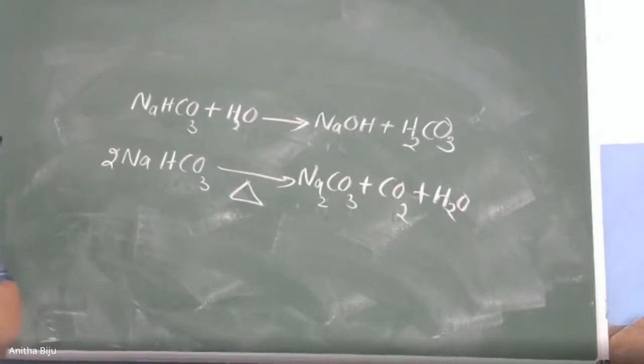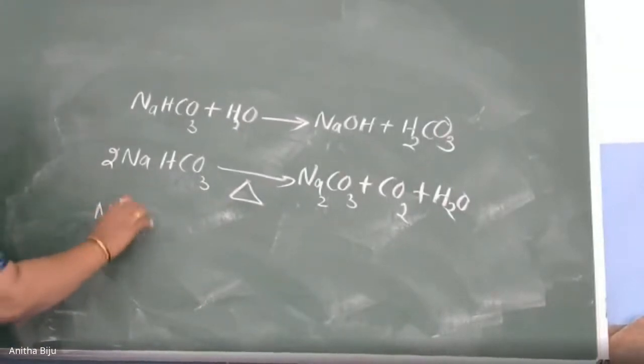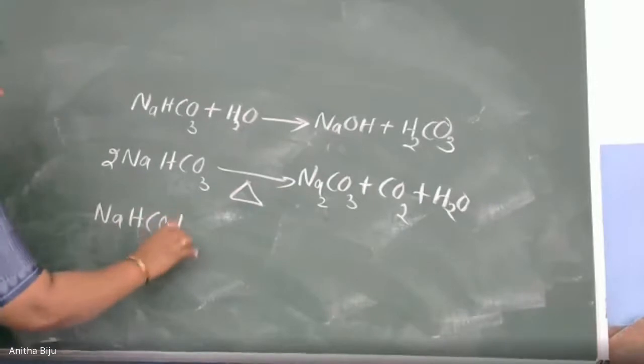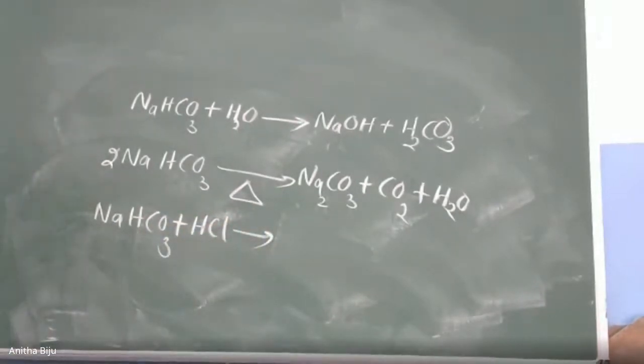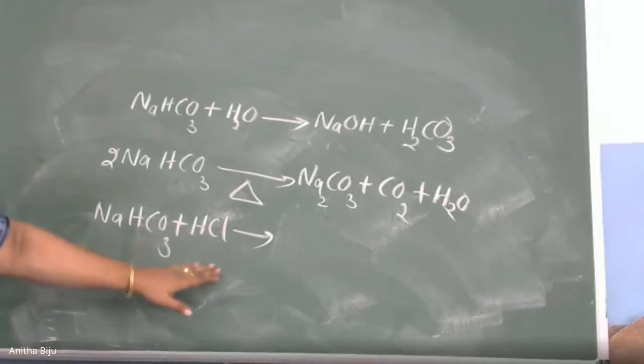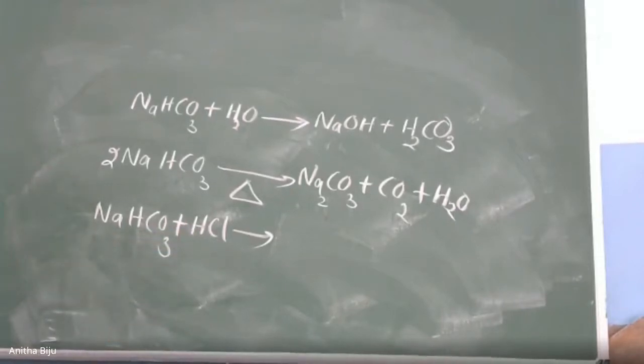And the last equation that you can remember: what is the action of acid on baking soda? NaHCO3 reacts with hydrochloric acid. You know that when this reacts with an acid, two major products are formed: one salt and water.